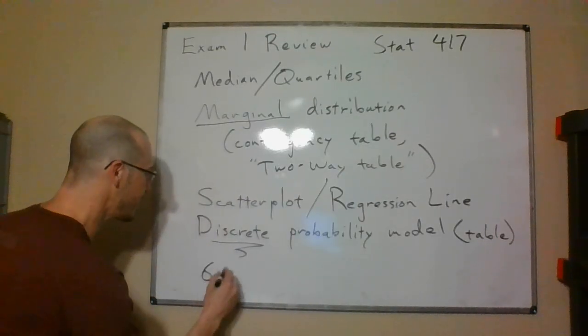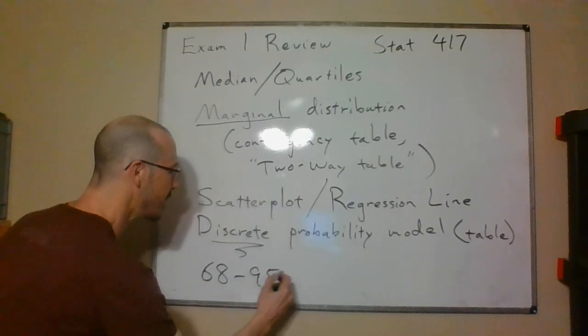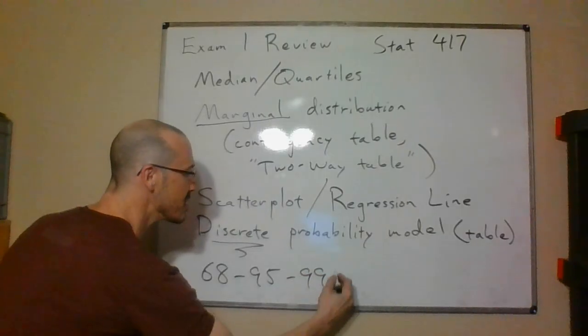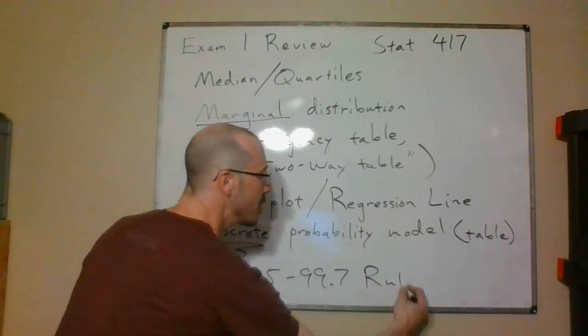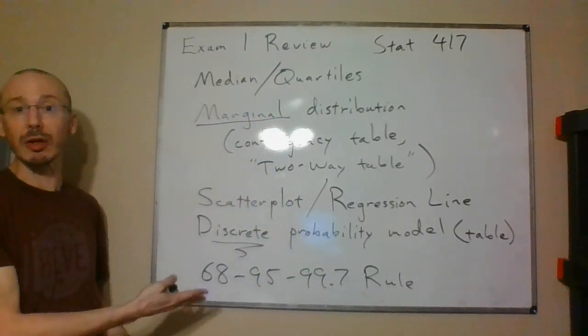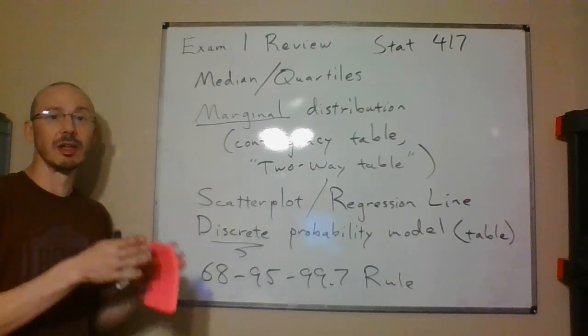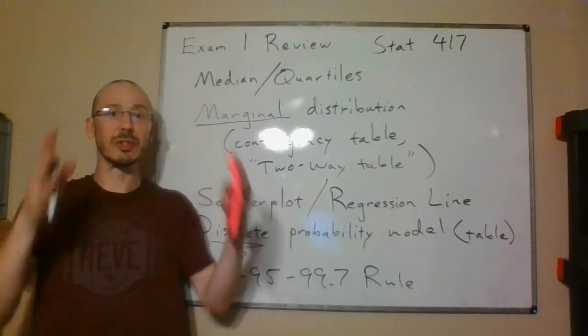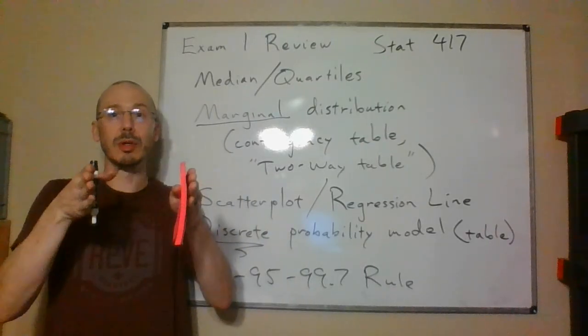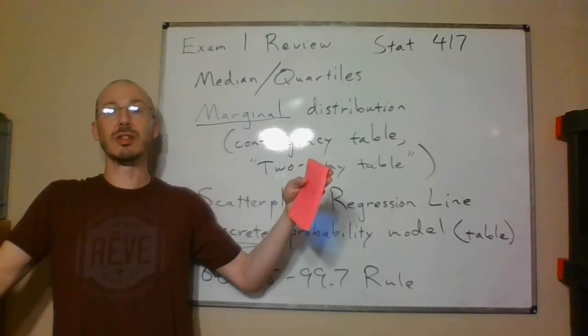The 68, 95, 99.7 rule, or the empirical rule is the other name for it. So that was the one about going certain numbers of standard deviations to either side in a normal distribution.